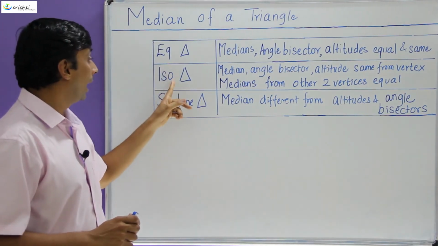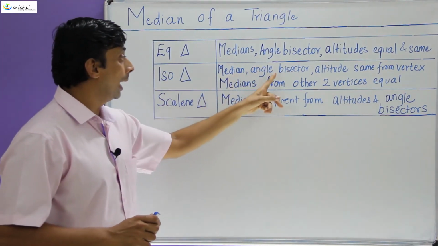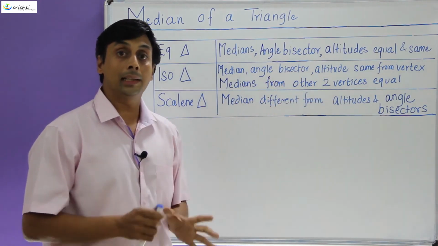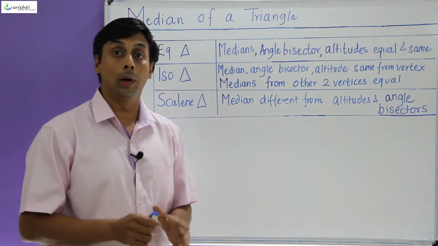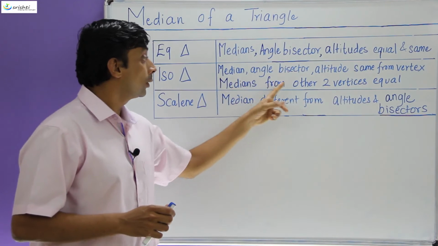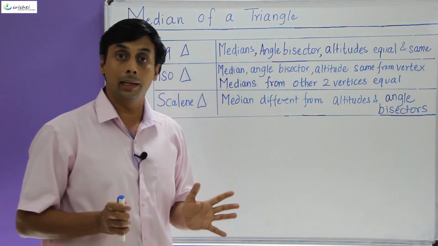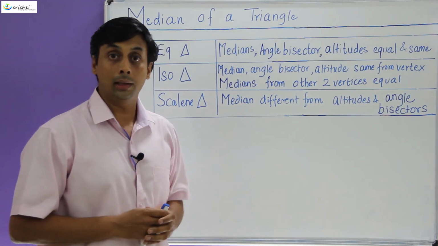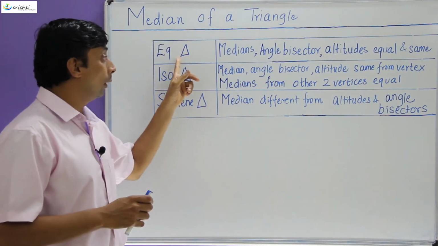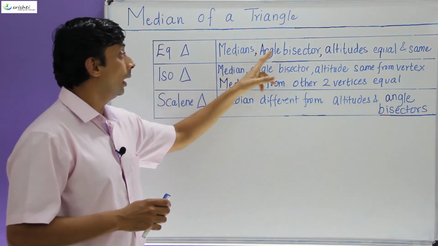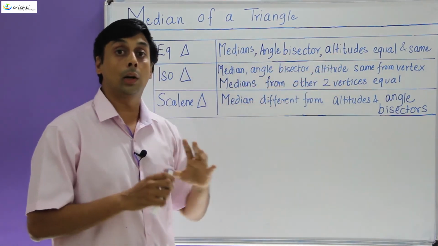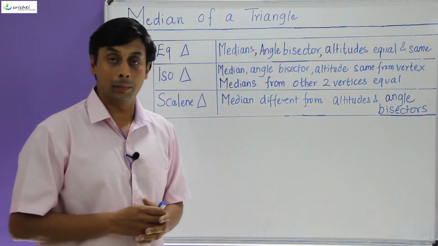When it comes to an isosceles triangle, median, angle bisector and altitude are exactly the same when they are drawn from the vertex of the triangle. Medians drawn from the other two vertices are equal in length, but they are neither the angle bisectors nor the altitudes. In case of an equilateral triangle, the medians, angle bisectors and altitudes are all equal and they are the same line segment.